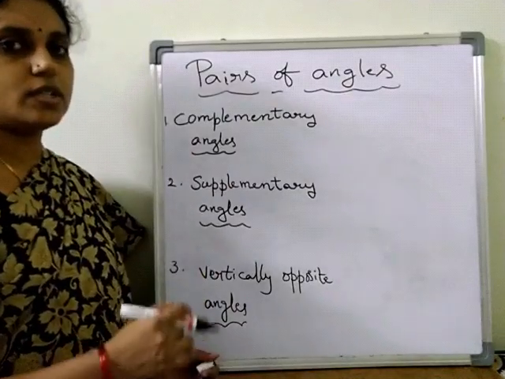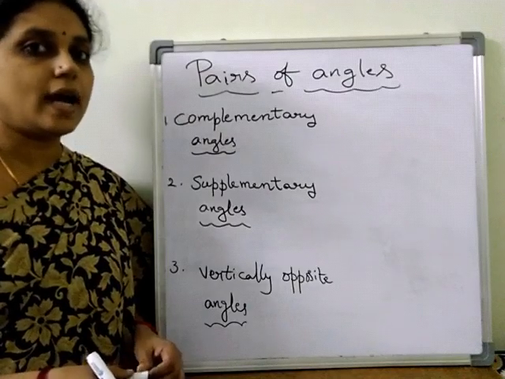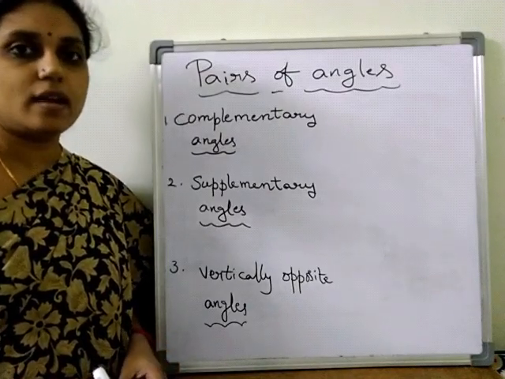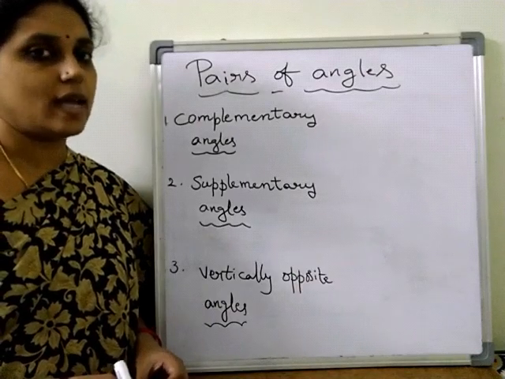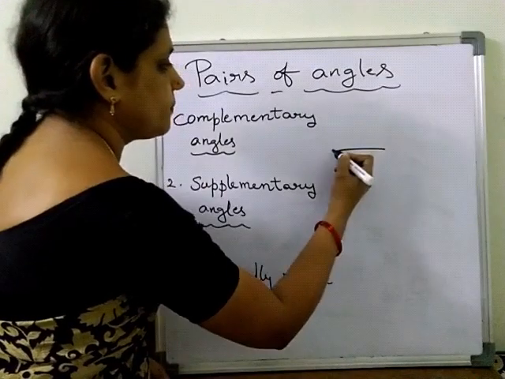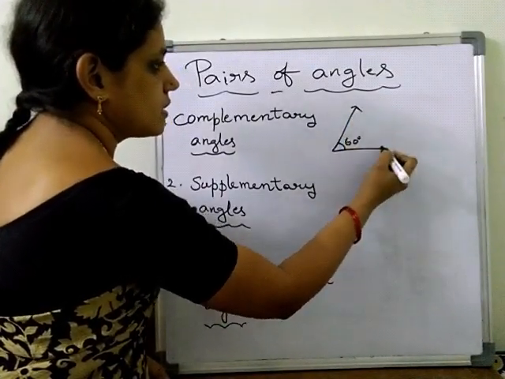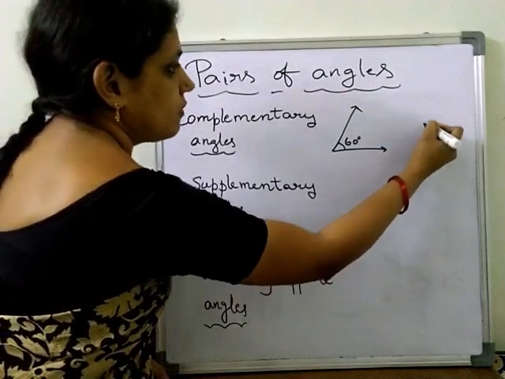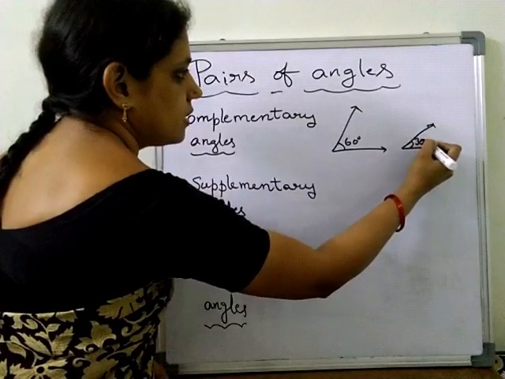Complementary angles. If complementary angles means what? If two angles add up to 90 degrees, then they are called complementary angles. Suppose here one angle is there, maybe 60 degrees, and here one more angle is there, that is 30 degrees.